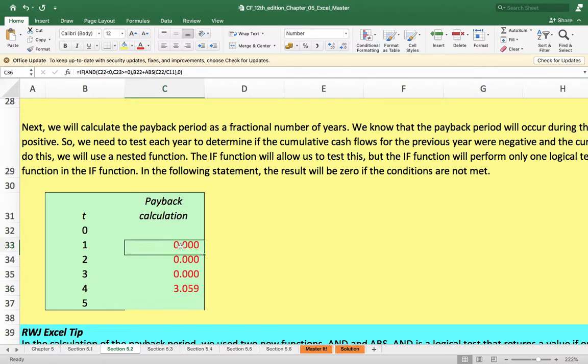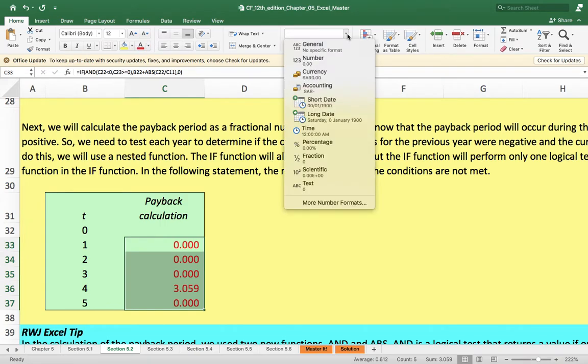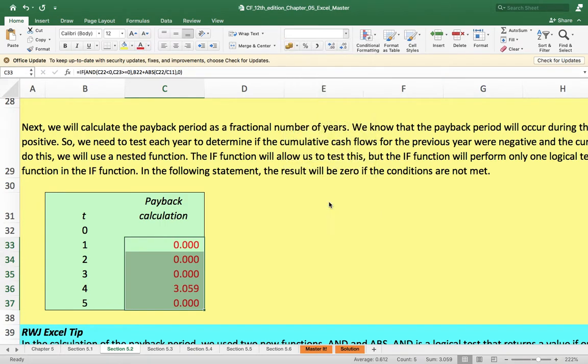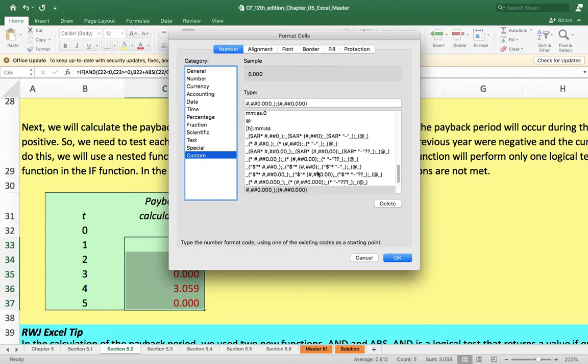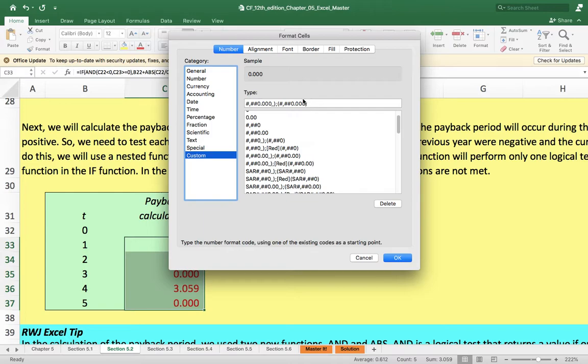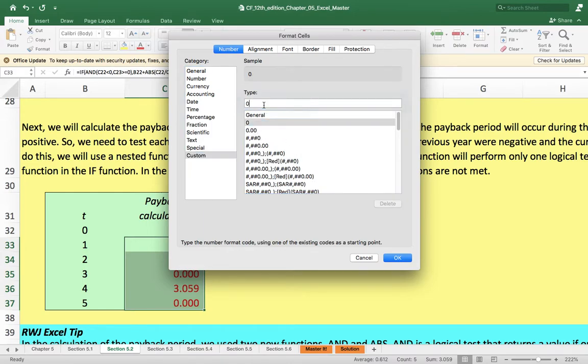You can format this, I'll show you how to do it. Go to the number, more number formats, and go to custom, and you can say 0 years.